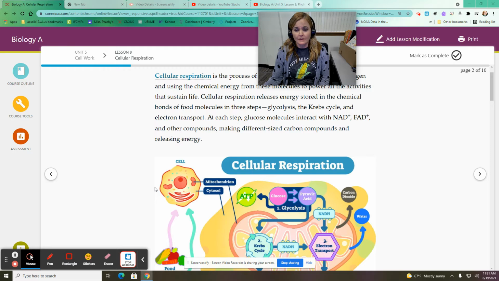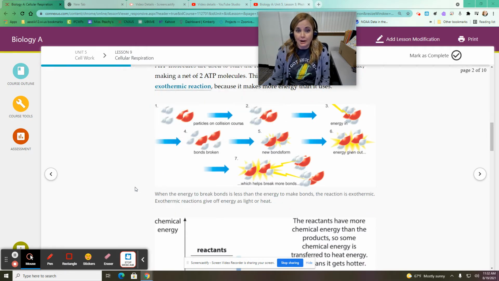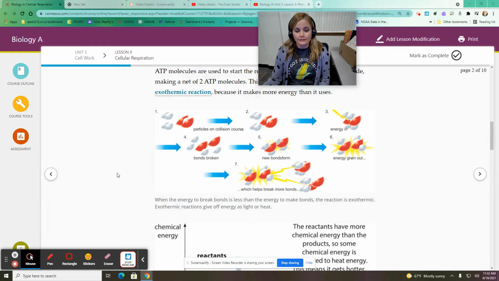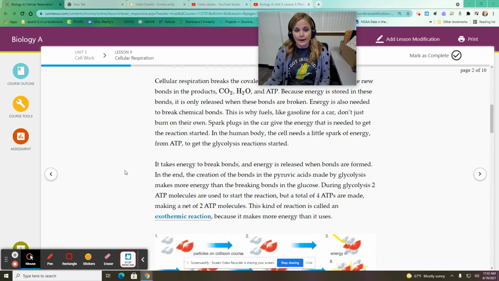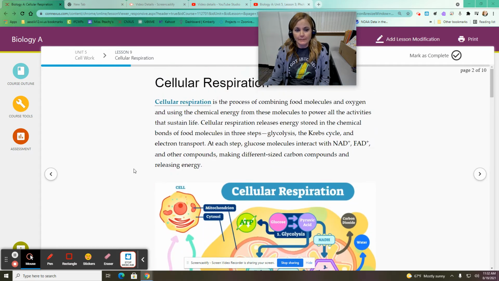So this is basically talking about the chemistry of what's going on. Where does this energy come from? We talked a little bit about sugar, glucose, having a high amount of stored energy. That energy is stored in the bonds. So we have chemical bonds that bond different things together, right?